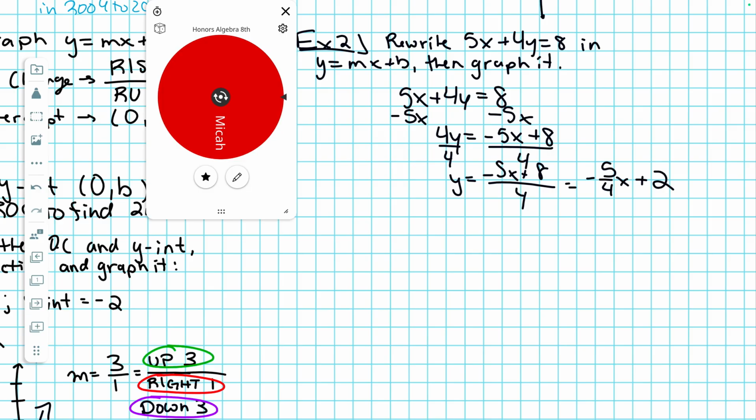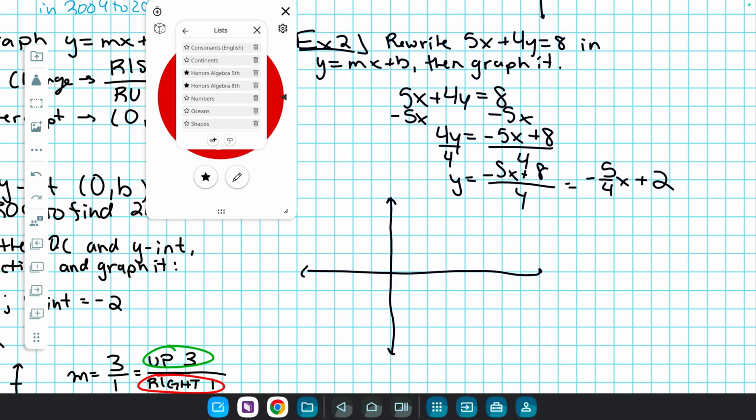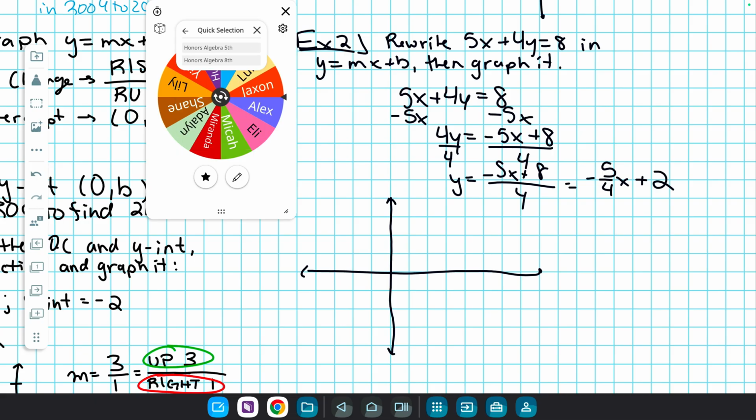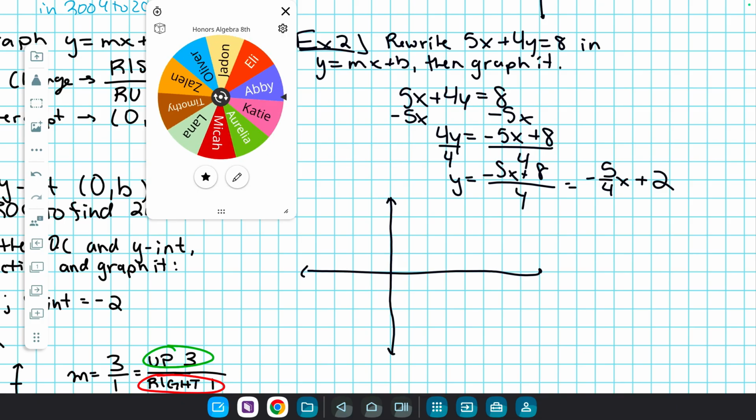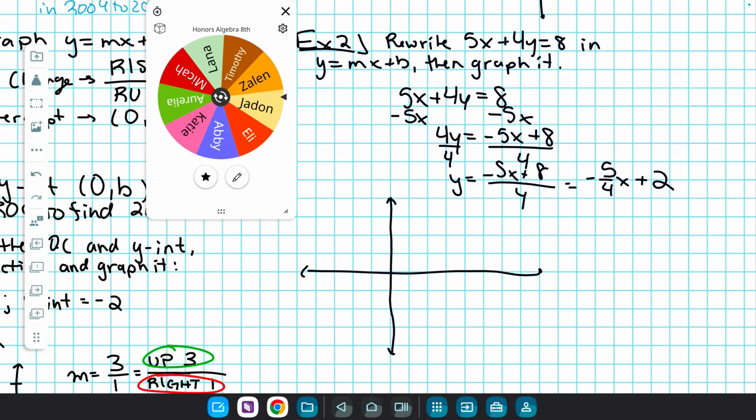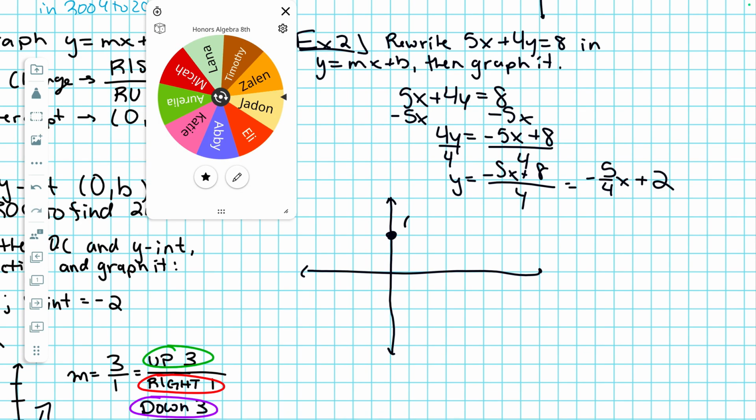Now we're going to graph it. All right. Whoever's name gets picked is going to be doing the graph. Nope. You have to do it. All right, my y-intercept is 2. Okay.